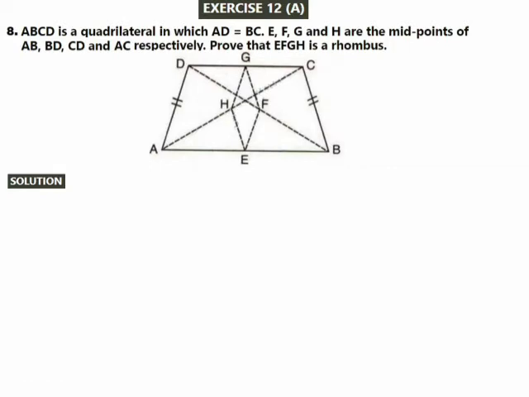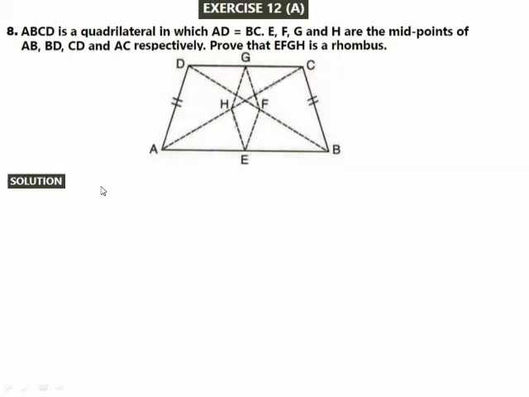Okay, now let's see what we need to prove. So here we need to prove that EFGH is a rhombus. So what is a rhombus first and foremost? A rhombus is also a parallelogram where all the sides will be equal.